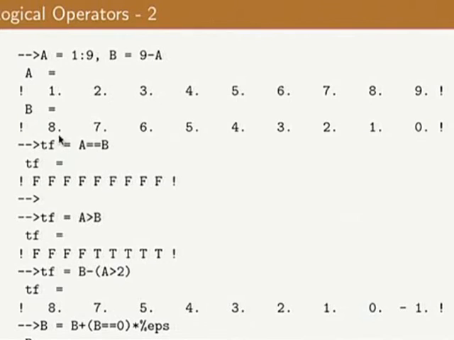I am creating a variable called TF, which is A equal to B. That means I am comparing A and B, putting the result in a variable called TF, true or false. Wherever A is equal to B, it's going to say true, and wherever it is not, it's going to say false. So here, for example, nowhere is it equal. So it says that they're all false. That means A is never equal to B.